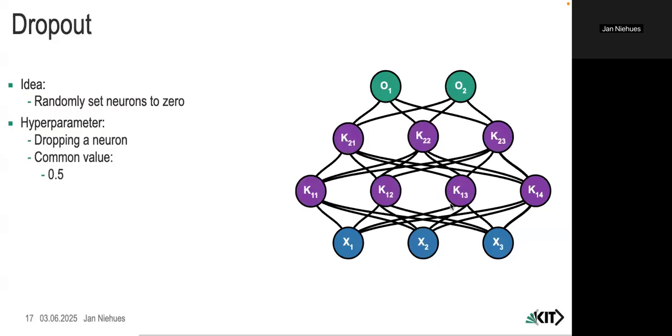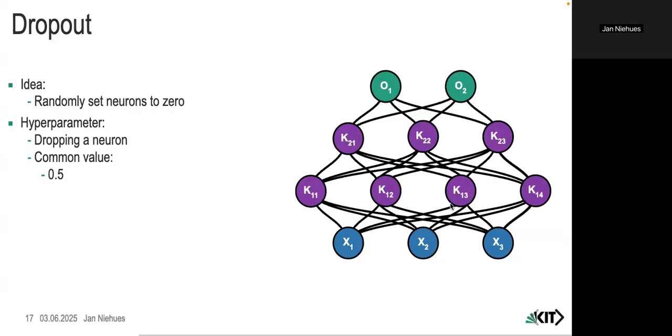So we're dropping them, ignoring them, and reducing our main network to a smaller network. These are not contributing to the network. A common value is even taking half the network as dropout, so saying that half the neurons in each iteration are not contributing. So how does it work?